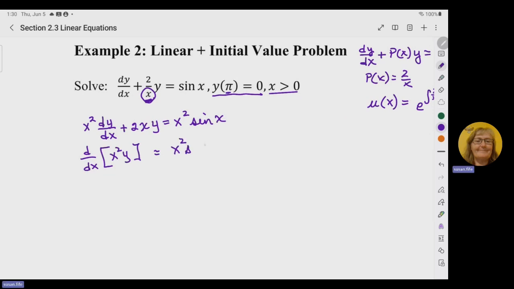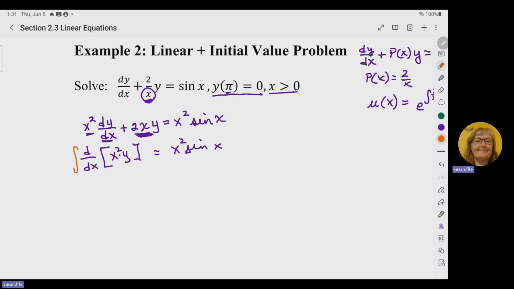We'll verify that. The derivative of x squared is 2x, so I have 2x times y. That's this second term. Plus the derivative of y is dy over dx, and that's multiplied by x squared. So the product rule holds true.